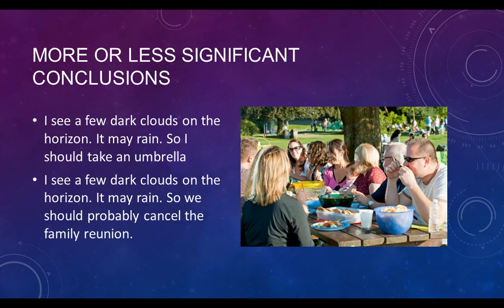Now the conclusion is substantially more serious, I claim. A whole bunch of people are going to have to change their day. A whole bunch of people are going to have to do something about that conclusion if you consider it to be true. And the consequences are presumably bad. Assuming that you like your family and want to reunite with them, the consequences of that conclusion are pretty bad.